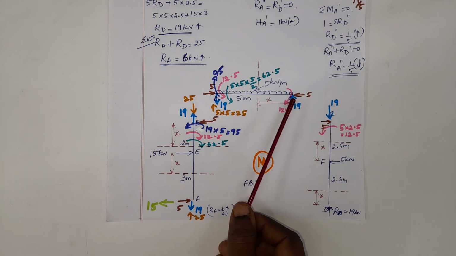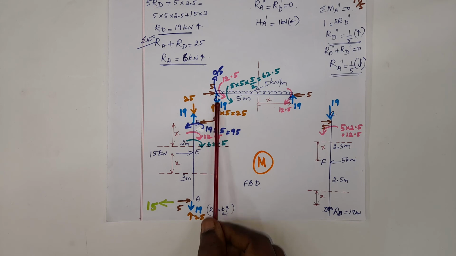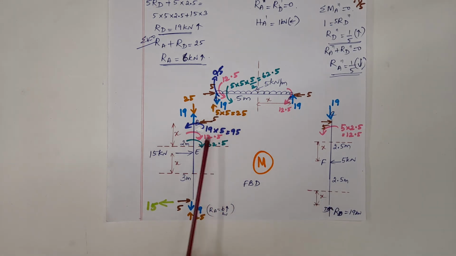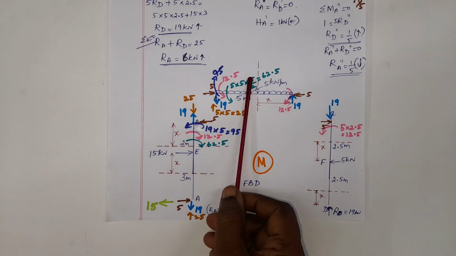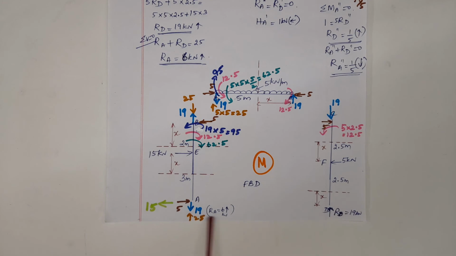Here it doesn't have moment because these two are the same point. Joint B will have the resisting moment for this RD. Check the direction. It goes in the anti-clockwise direction. So resistance will be in the clockwise direction, 19 into the distance 5. You can see here, 19 into 5, 95 kilonewton meter.